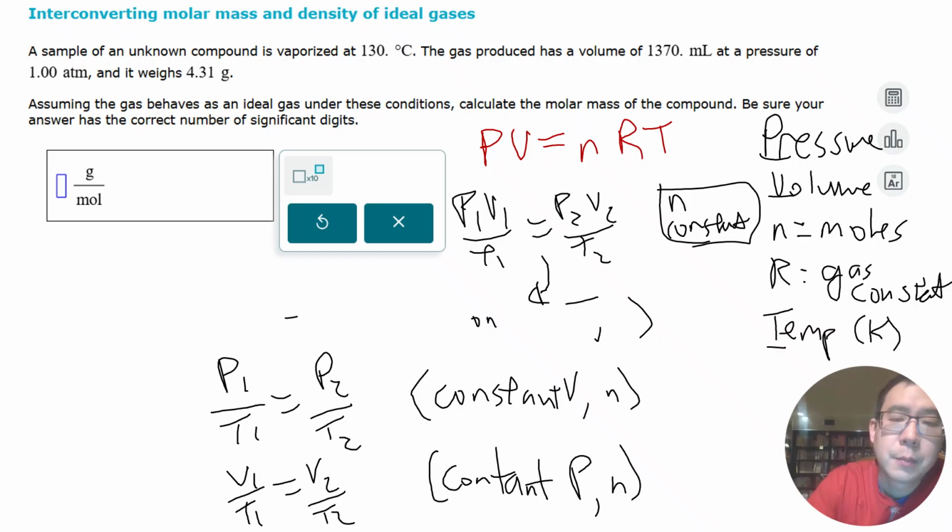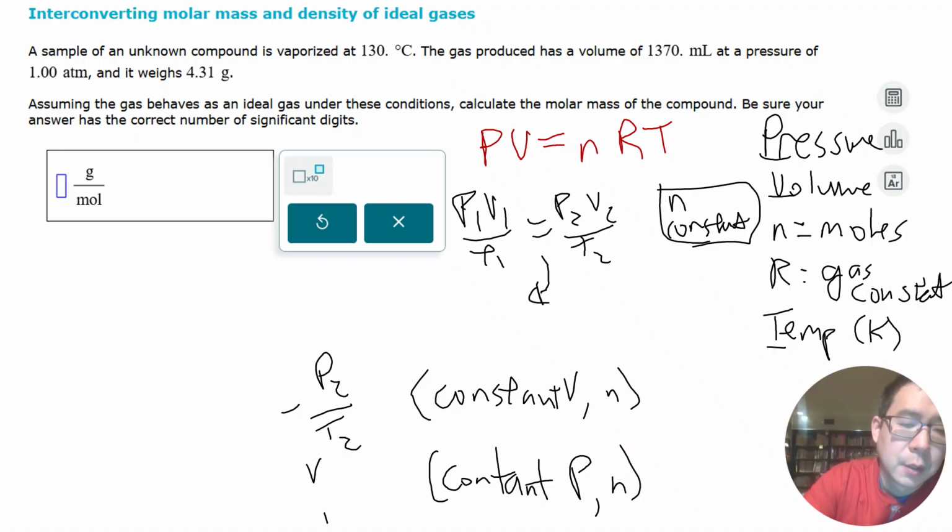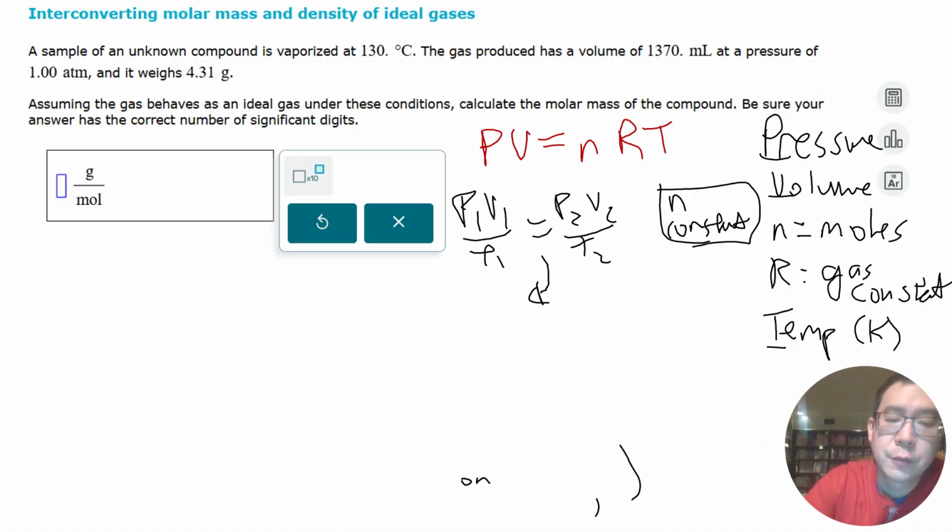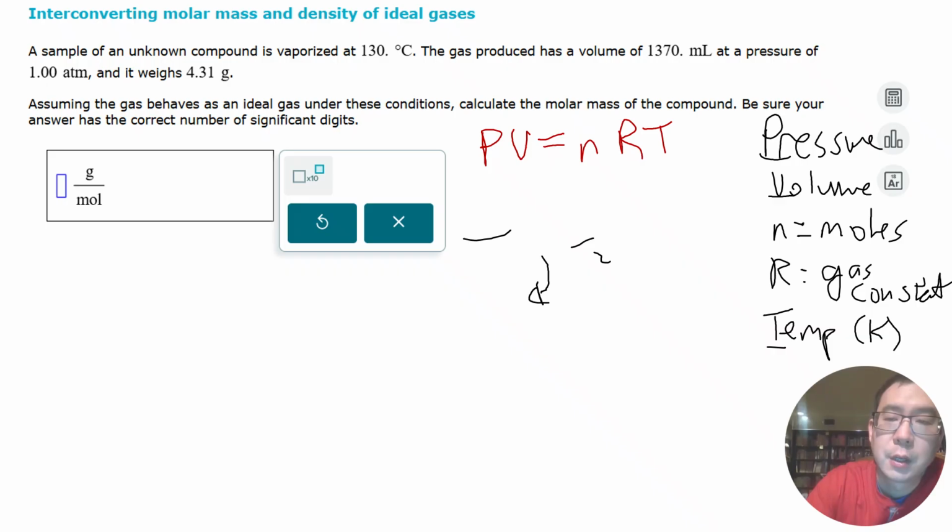Right, the problem is, at its heart, a PV equals nRT problem with a little twist. So it gives us a whole bunch of information. It gives us the temperature, 130 degrees Celsius. It gives us a volume, 1,370 milliliters.